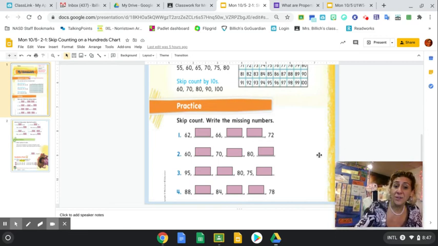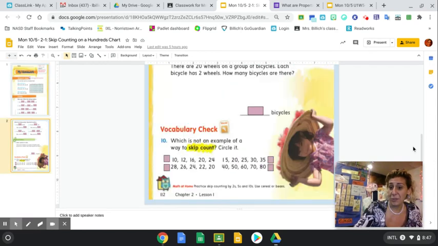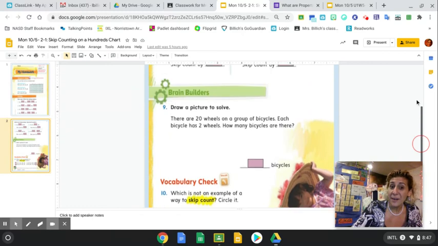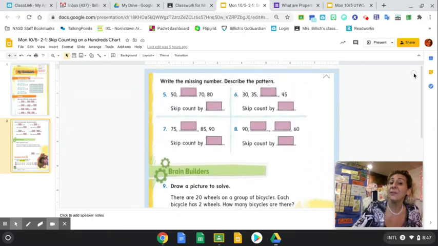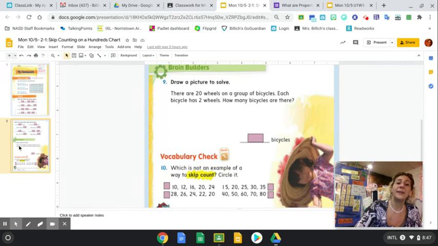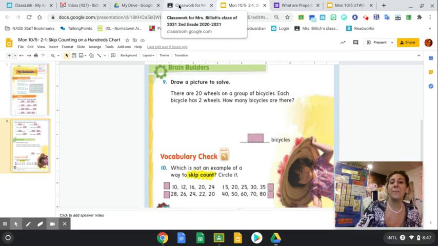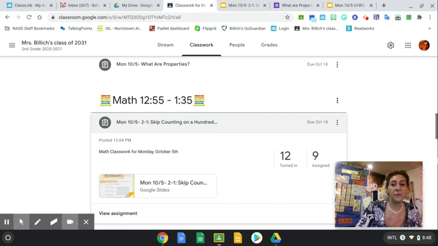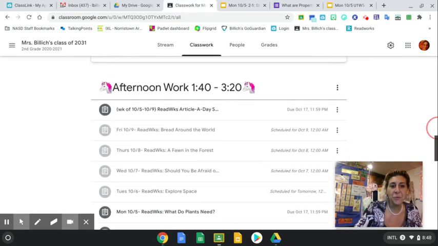On this page, they just had to fill in the missing numbers. On this page, they had to fill in the missing numbers as well as identify the skip count. And then they had a couple of word problems, and then choose which one was not an example of a skip count. That was it. And then they went back to their traditional afternoon work.